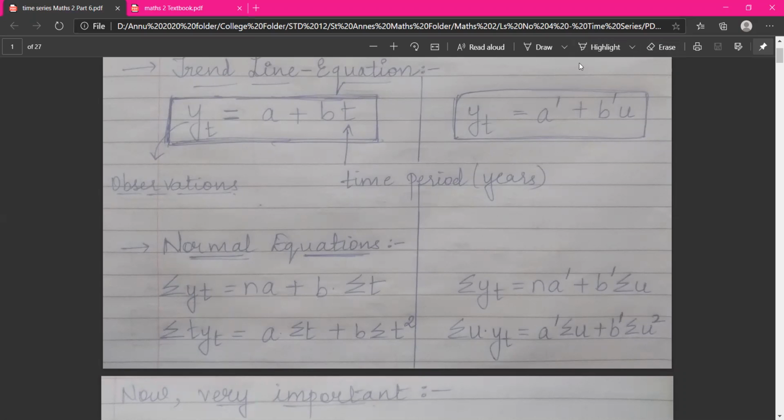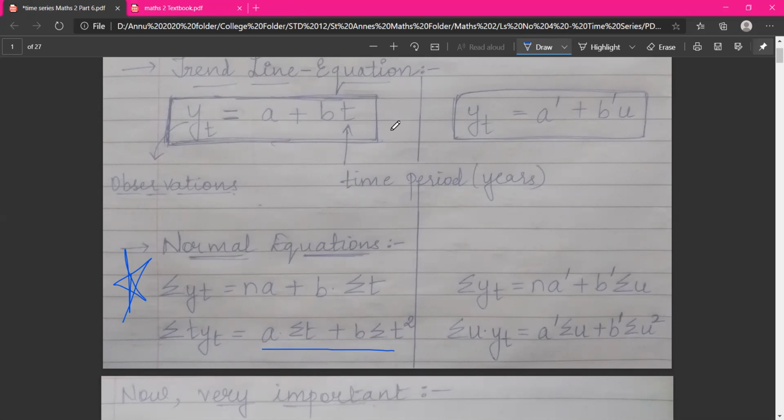The next equation states summation t into yt is equal to a into summation t plus b into summation t square. Now, if I tell you to do the square of 1976, तो आप तो पूरे 3 घंटे में या 1.5 घंटे में वही करते बैठेंगे, right? So class, for a normal human being, it is not possible to square these values and solve the sum. Okay?